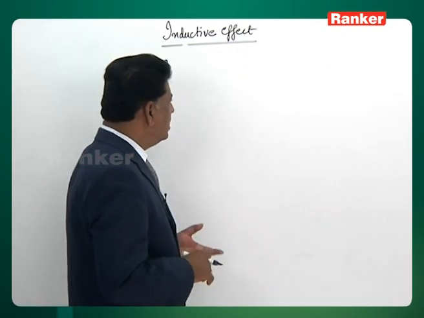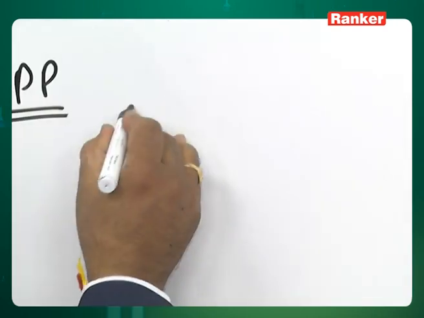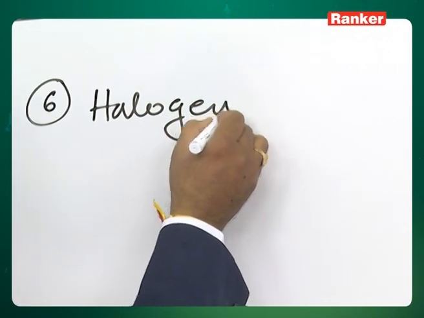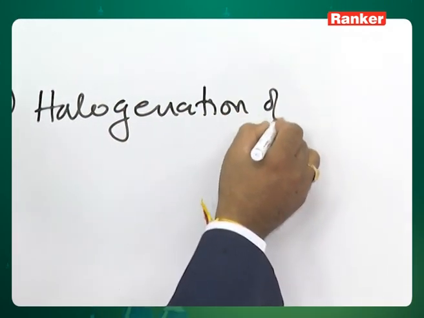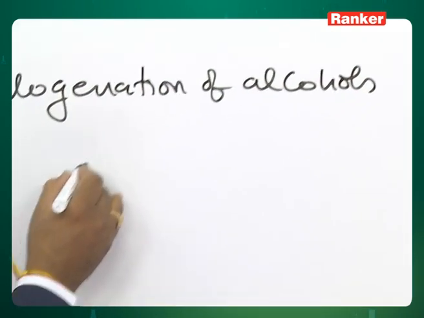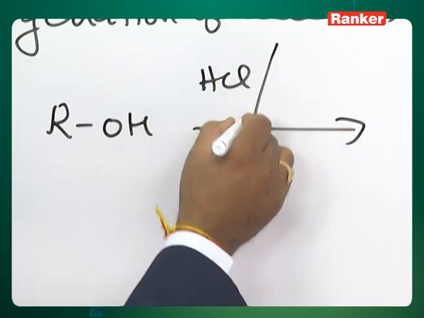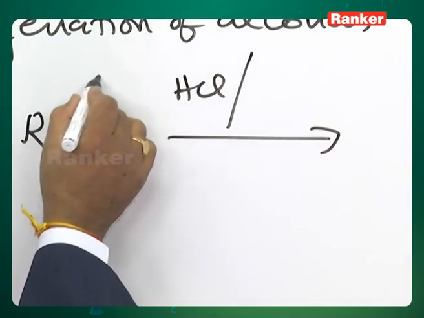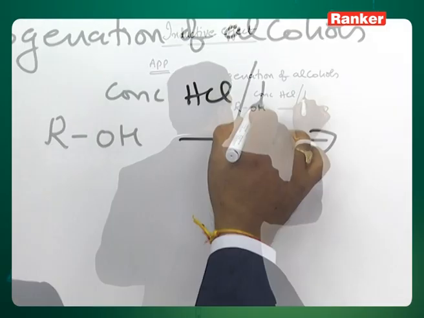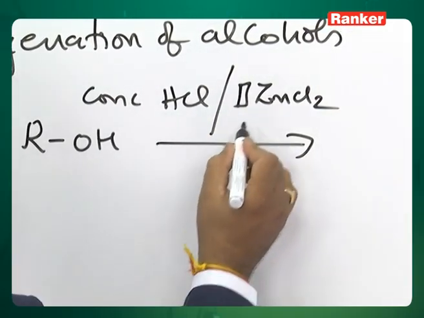However, we have a number of applications, but we will discuss one more application, the sixth application, that is halogenation of alcohols. Especially the reagent like ROH, when treated with a reagent called concentrated HCl plus anhydrous zinc chloride.